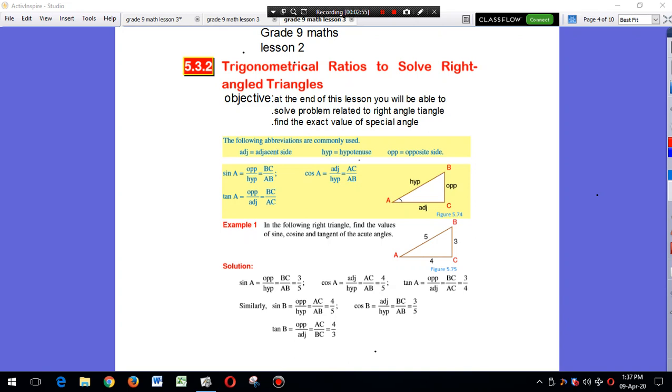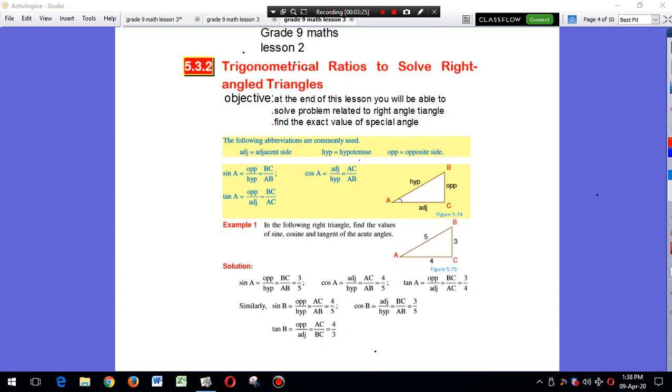So sine A is equal to BC over AB. And cos A is equal to the adjacent side of angle A divided by the hypotenuse. The adjacent side for angle A is AC, and the hypotenuse is AB. So cos A is equal to AC over AB.